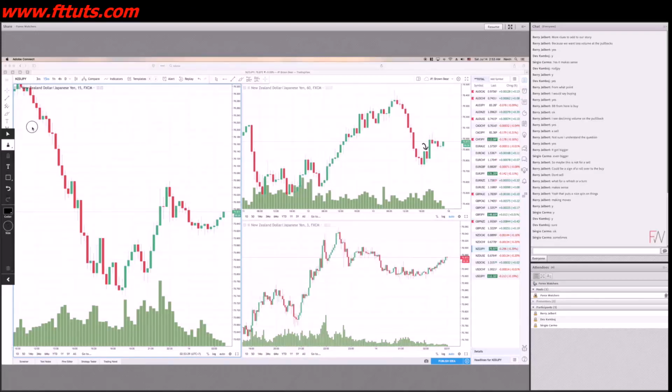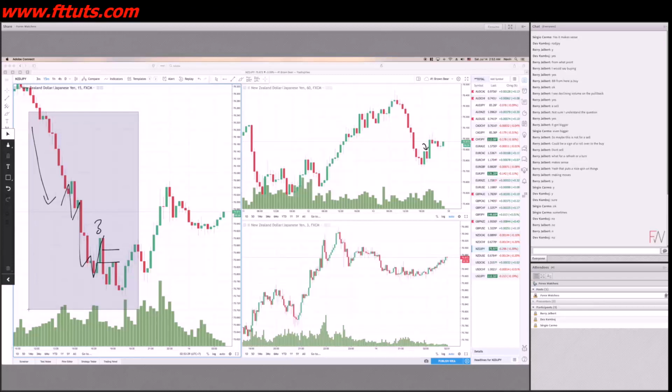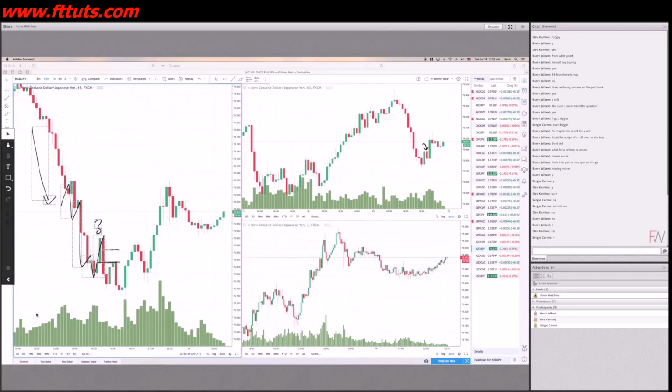So now, if we were to look at this as a downtrend on the 15, it's coming down, pullback, coming down, pullback, coming down, pullback, coming down. V formation. Is that a real V formation? No. Do we have a congestion on the right side of it? No, not a V formation. Okay, so let's fix this V formation issue once and for all. Afterwards, he goes again and he makes a lower low.